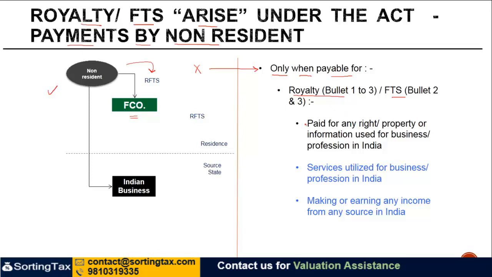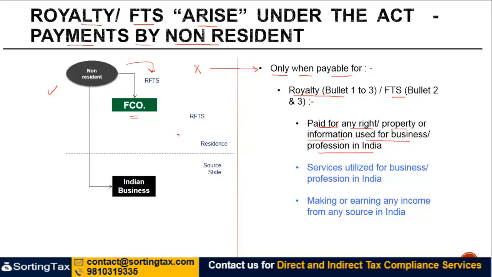So the cases are if it is paid for any right, property, or information used for business or profession in India. So suppose you are carrying on the business of, let's say, drilling of oil, and you actually take an oil rig from a foreign company on rent. So this oil rig is stationed in India, right?